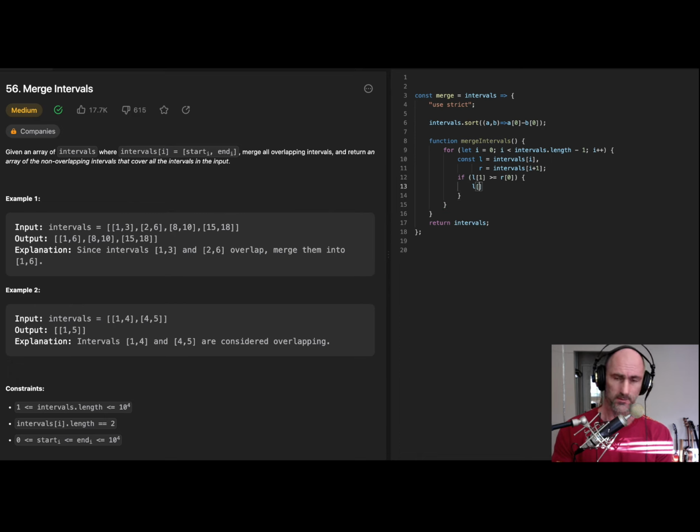L1 is now going to equal, not R1, but Math.max of L1 and R1.